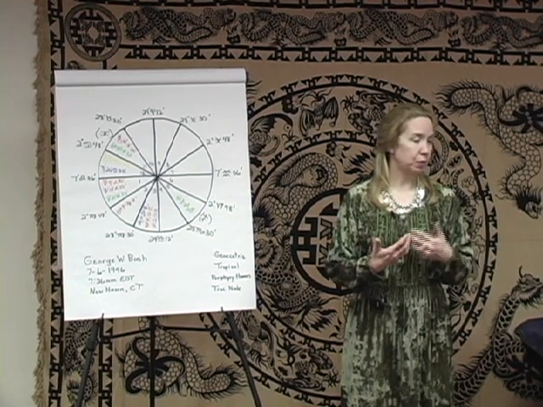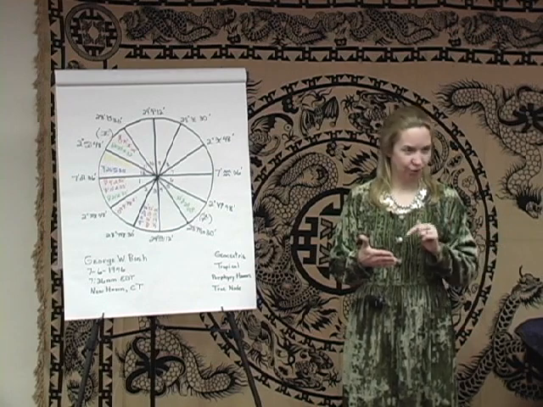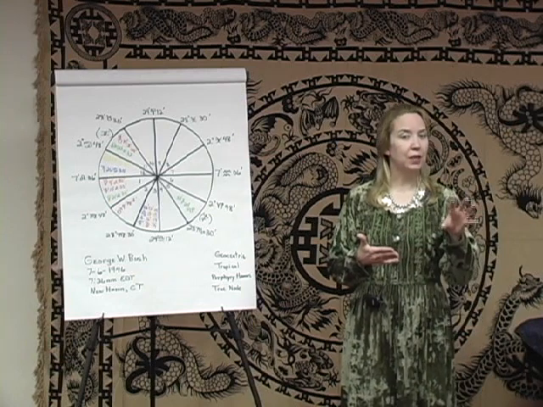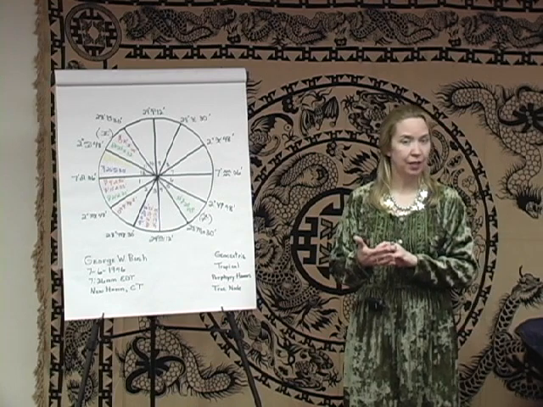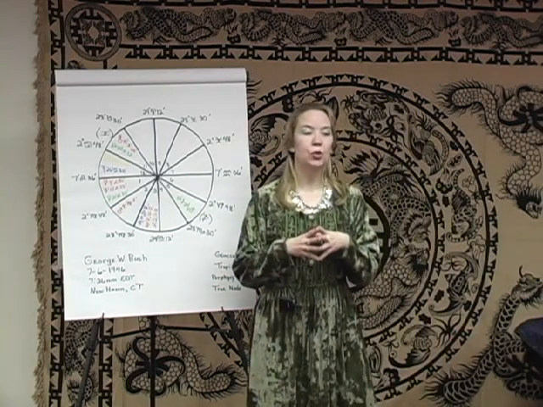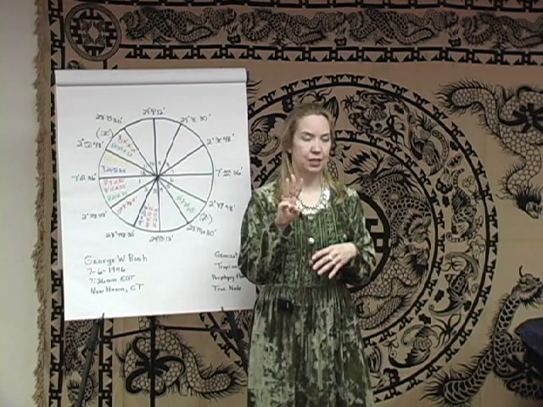So I'm going to work with Pluto conjunct the south node, but if you have a planet conjunct the south node, then you can interpret that planetary energy the same way. Okay? So when you have Pluto conjunct the south node, there are three possible conditions that can exist.